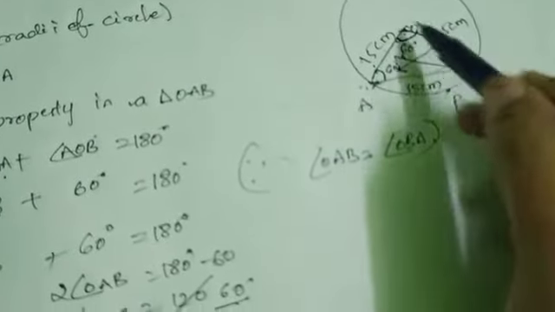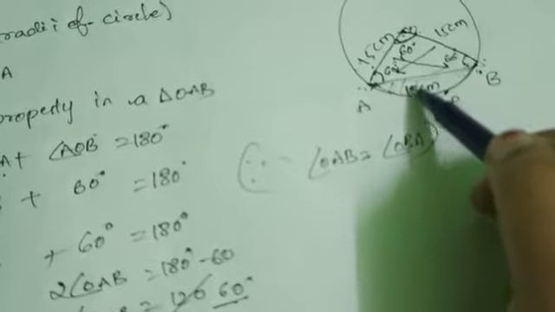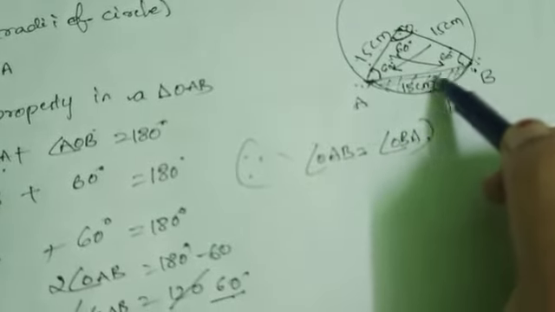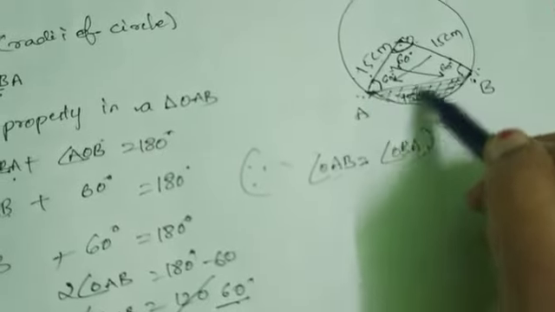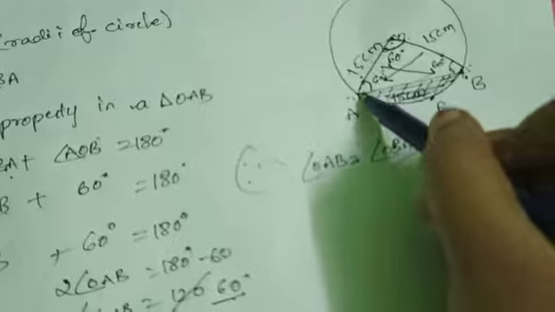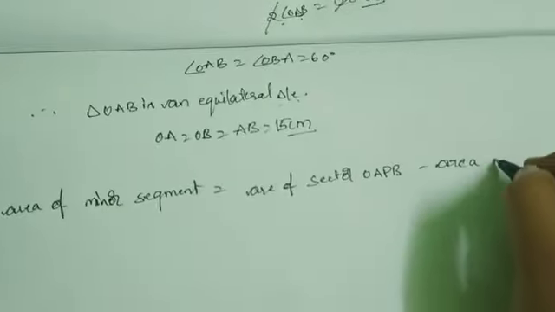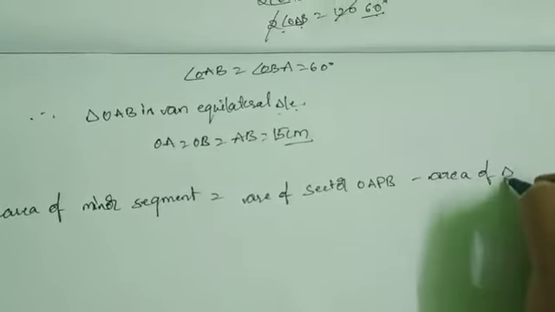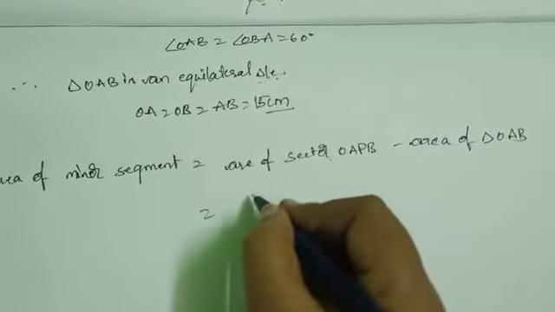We don't want the whole triangle; we only want the area of the segment, this shaded region, the region bounded by the chord and the corresponding arc between the chord endpoints.